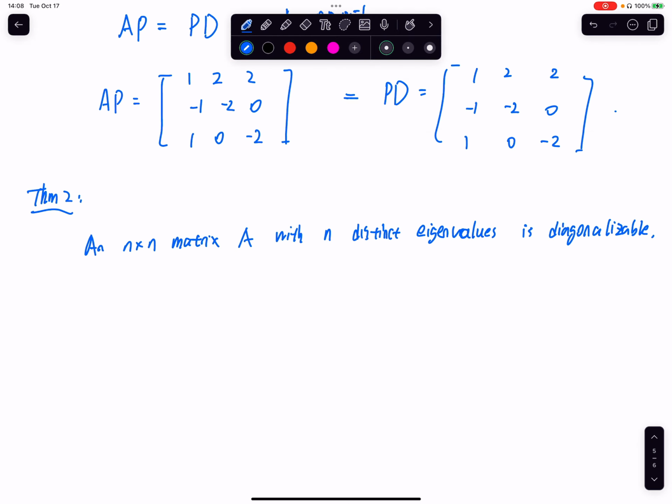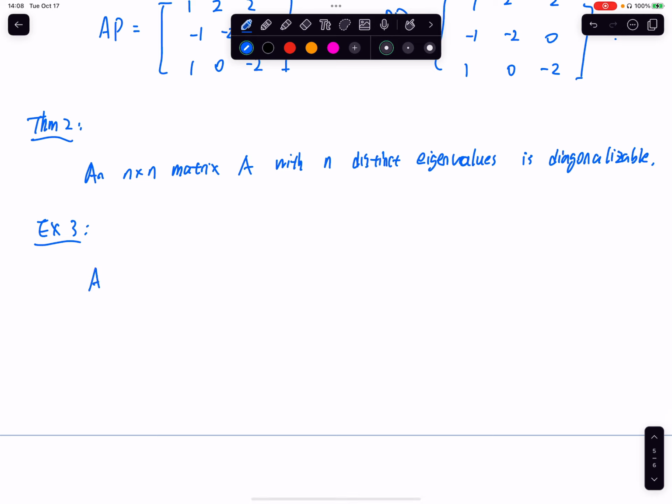So let us use this theorem to do an exercise. We want to determine whether the matrix given by 5, minus 8, 1, 0, 0, 7, 0, 0, minus 2 is diagonalizable.